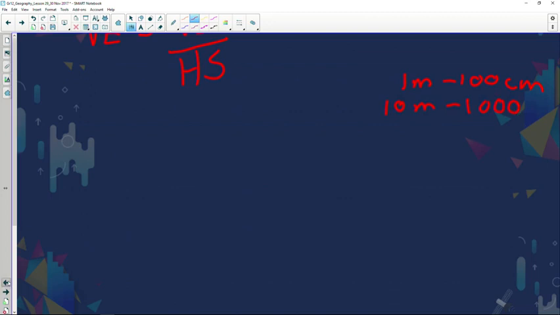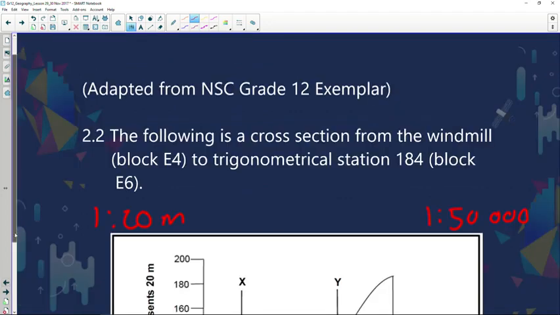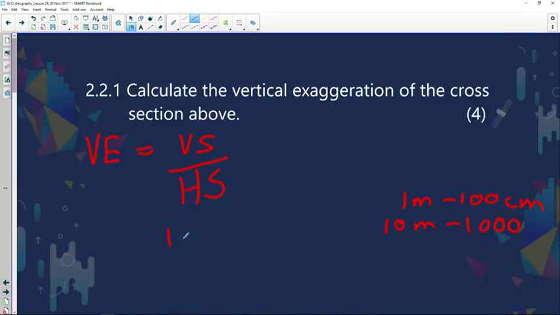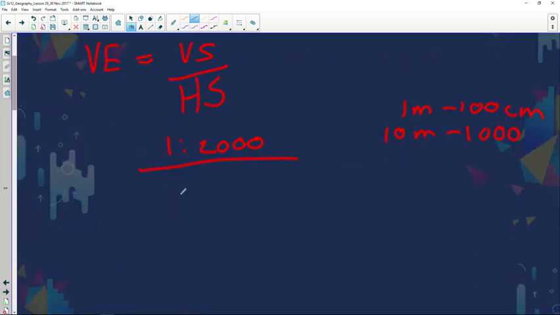Now, if you look, what's the vertical scale? 20 meters. How many centimeters is going to be in 20 meters? 2,000. So our vertical scale is 1 to 2,000, and our horizontal scale has been provided for us. 1 to 50,000.